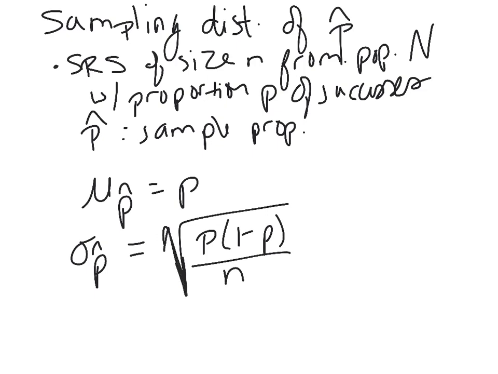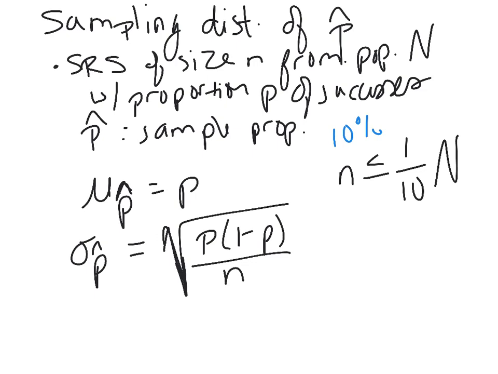And if my 10% condition is satisfied, remember this from before, that my sample size has to be less than or equal to 1/10 of my population, then I can use these numbers, this setup.